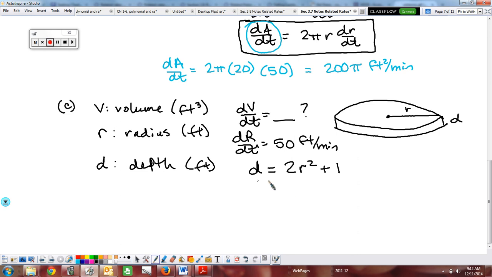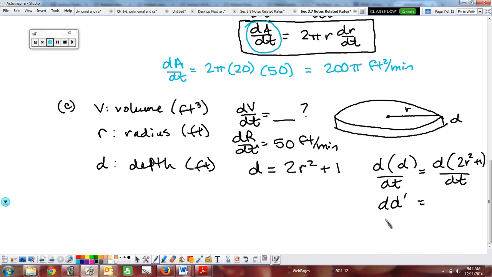And if I needed a rate for the depth, I know this is kind of bad because I used a lowercase d there, the derivative of D with respect to t would be the derivative of 2r squared plus 1 with respect to t. Let's just call this d prime, just because I have dt. Well, actually, it's all right. We can do dD/dt. We know what we're talking about.